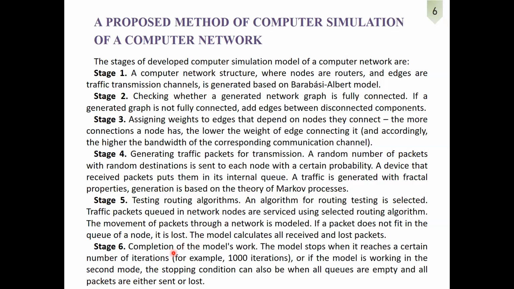And completion of the model's work. The model stops when it reaches a certain number of iterations, for example 1,000, or the stopping condition can also be when all the queues are empty, or packets are either sent or lost.